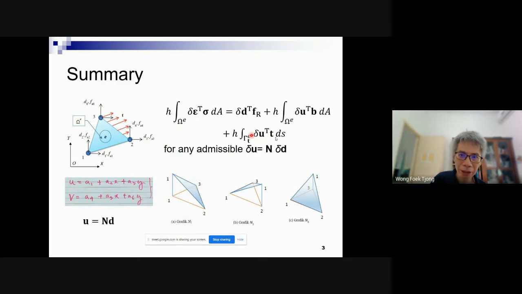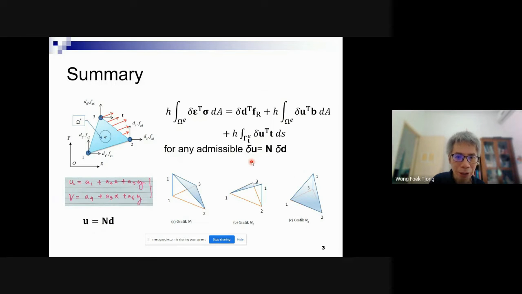These equations should be true for any admissible virtual displacement. In the finite element formulation, we approximate the displacement as the shape function matrix times the nodal displacement vector, the same format for virtual displacement.